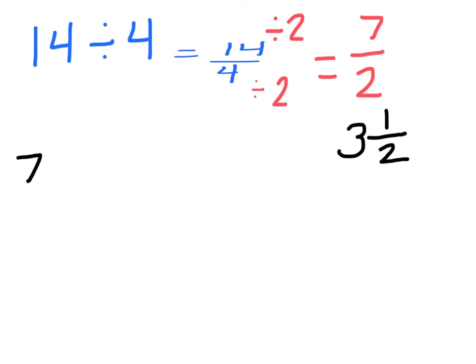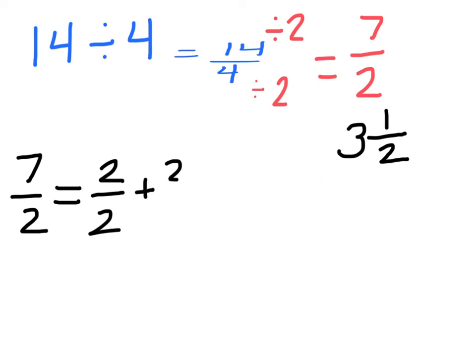Another way to do this is to split the fraction into two parts. We know that 2 over 2 gives us 1, correct? We have another 2 over 2, which gives us another 1. We have another 2 over 2, which gives us another 1.